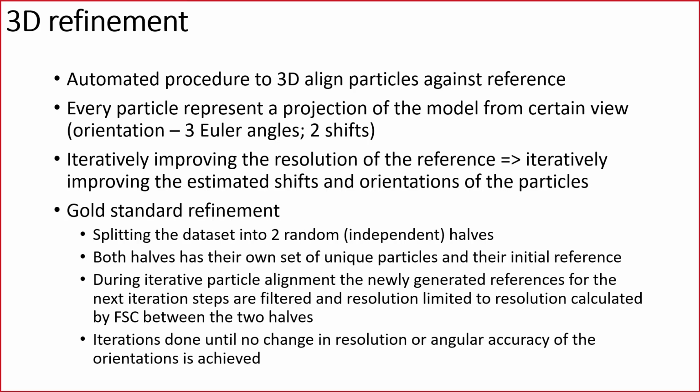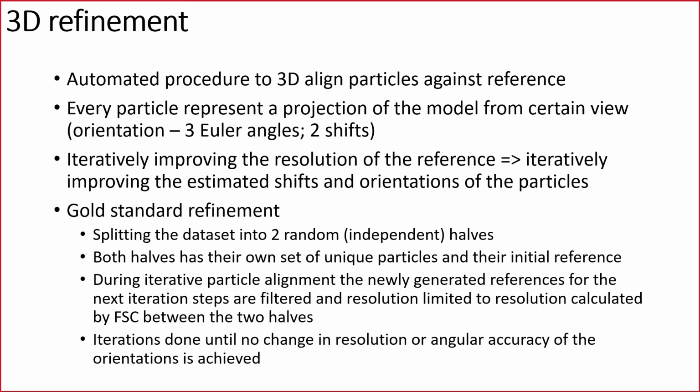This is quite time-consuming, because you have to sample the whole angular space, find all the possible positions of your particles or projections of your particles. In the maximum likelihood version, you are assigning probabilities how well this orientation of the particle is describing the model.